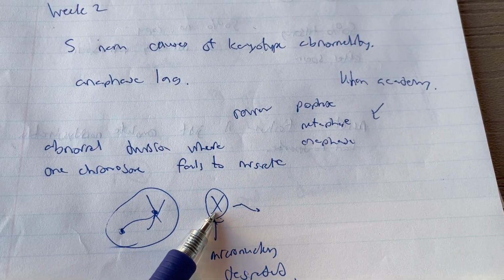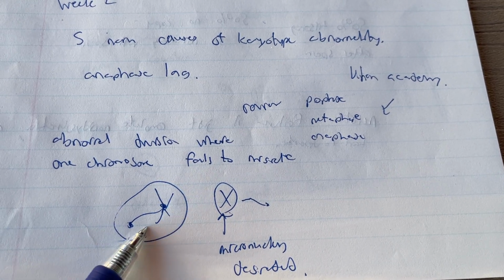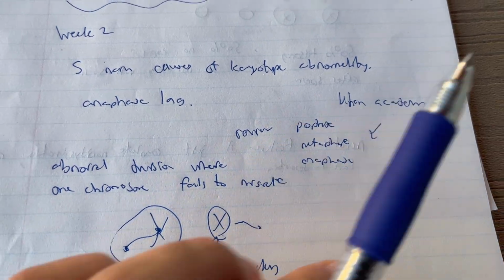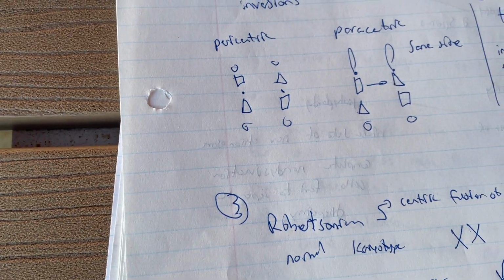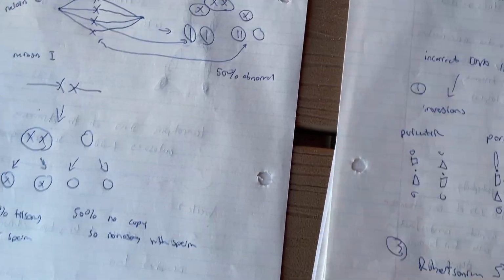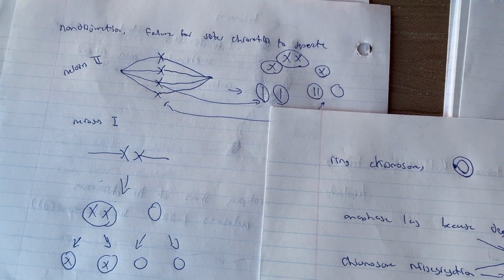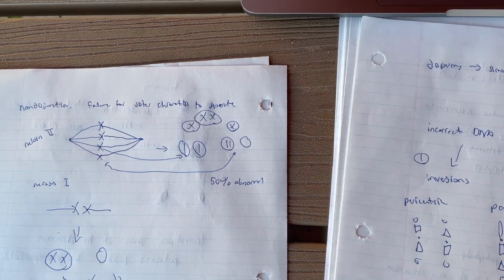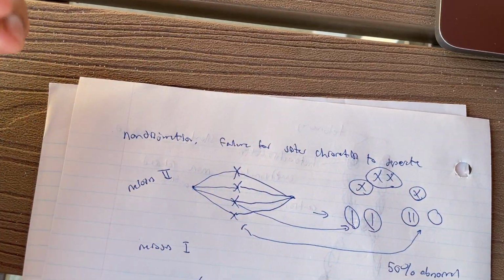But what ends up happening is that this division has the proper chromosomes versus this one actually lost one, right? So that's that. And essentially what that means is that your anaphase lag could actually lead to monosomies, so only having one chromosome from the male or female, from the opposite sex cell.